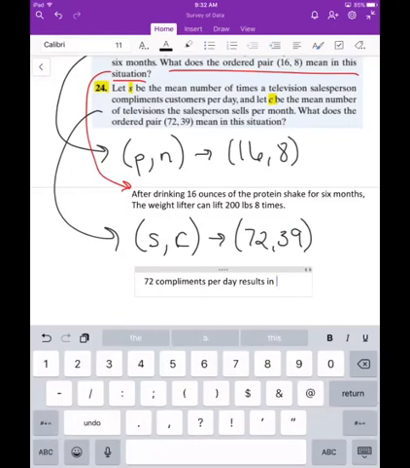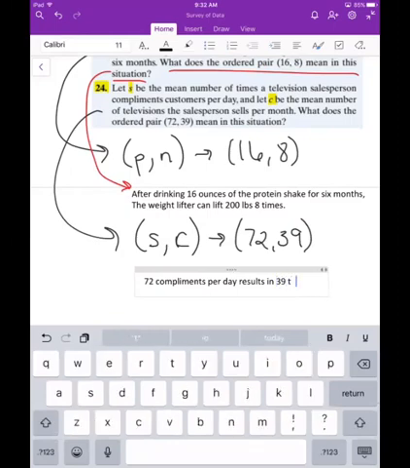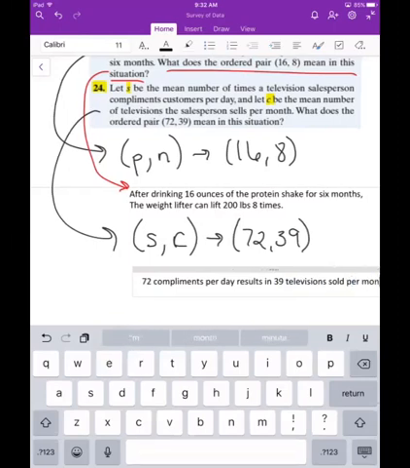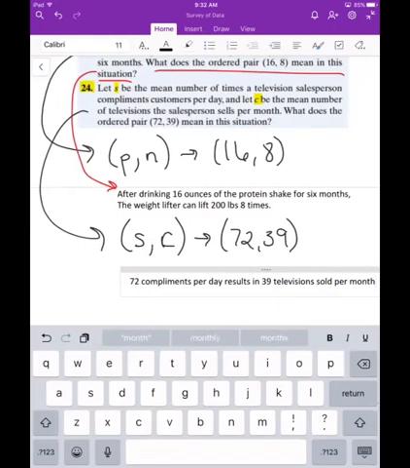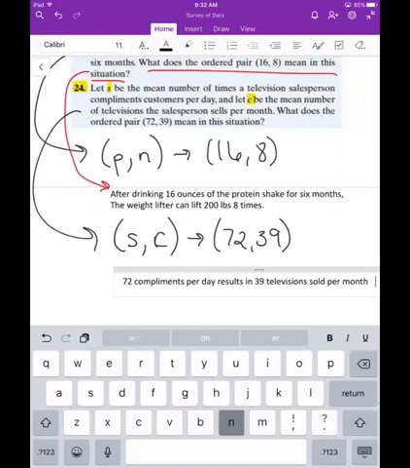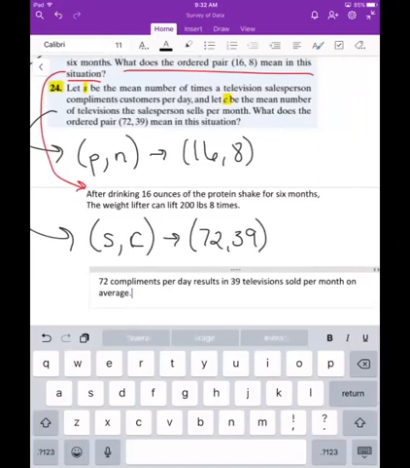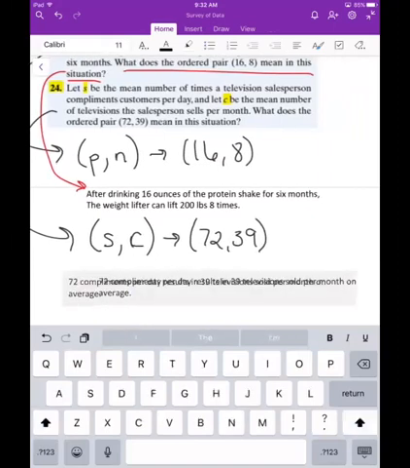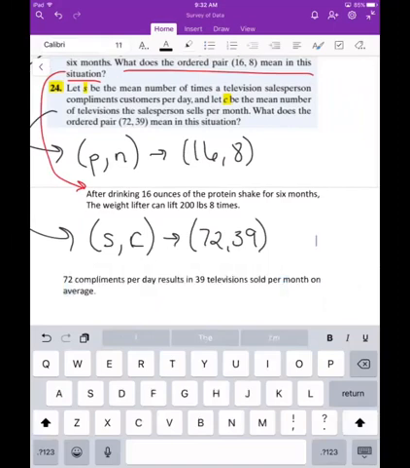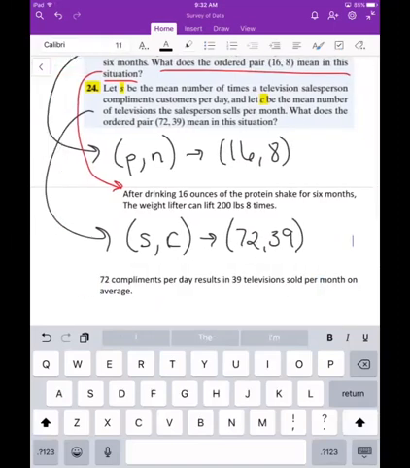Results in 39 televisions sold per month. And to put that mean part in there, I would say at the very end, on average, because we know that these are means that we're looking at. So it's not exact numbers, it's saying the mean.